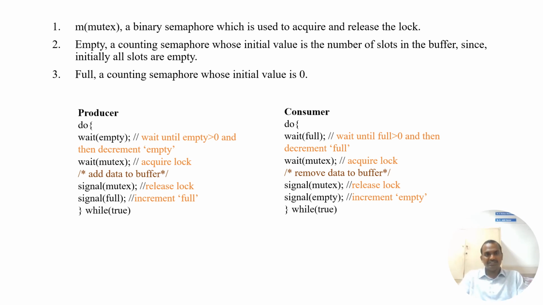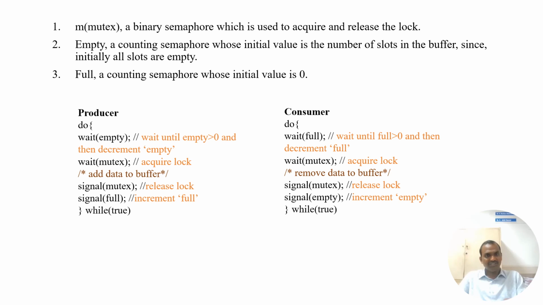So these are the two processes, the producer process and the consumer process. Here we are introducing a mutex, a binary semaphore used to acquire and release a lock, representing a synchronization mechanism. And empty is a counting semaphore as well as full. In the producer, wait of empty: wait is always used to decrement.